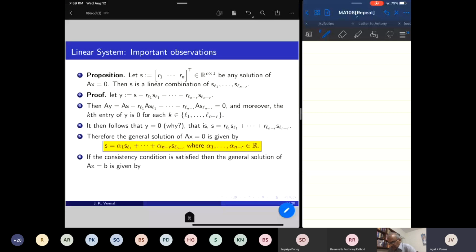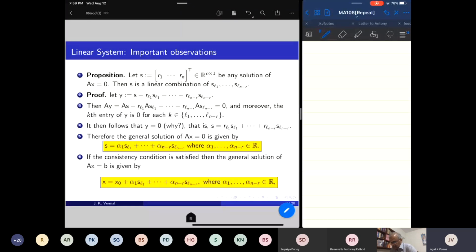That was one particular solution, and we proved earlier that to find all solutions of AX equal to B, it is enough to find one particular solution, and you add that particular solution to each and every solution of the corresponding homogeneous system of equations AX equal to 0. Now we know all the solutions of AX equal to 0 are linear combinations of these basic solutions, and we have determined one particular solution x0.